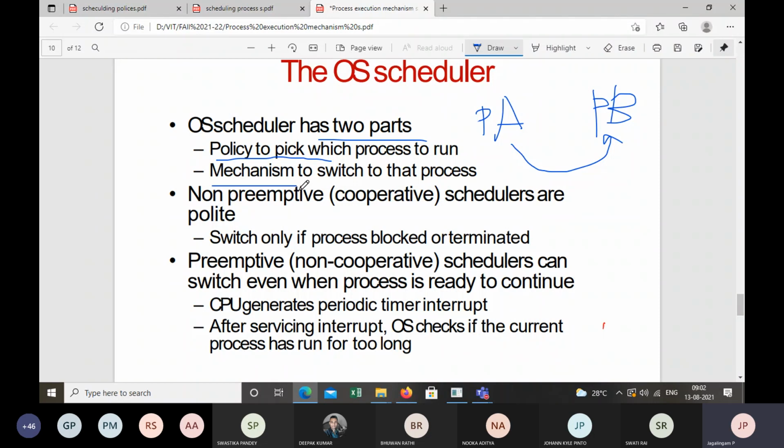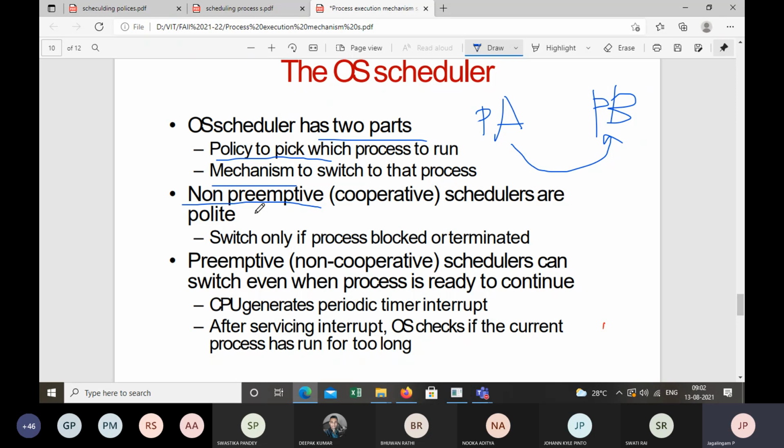Now we have different types of schedulers. One set of schedulers is called cooperative or non-preemptive.